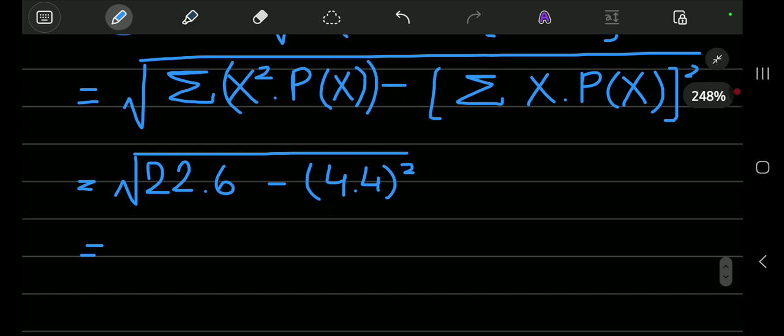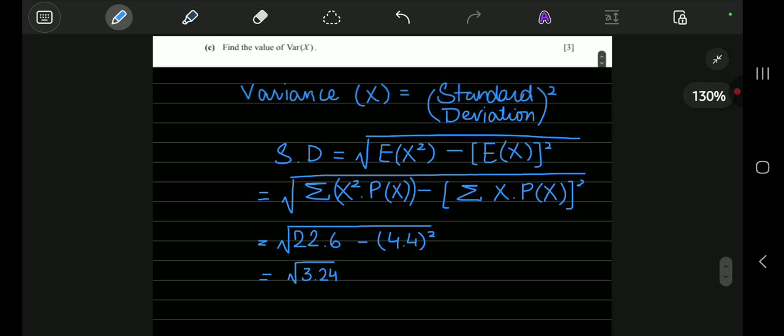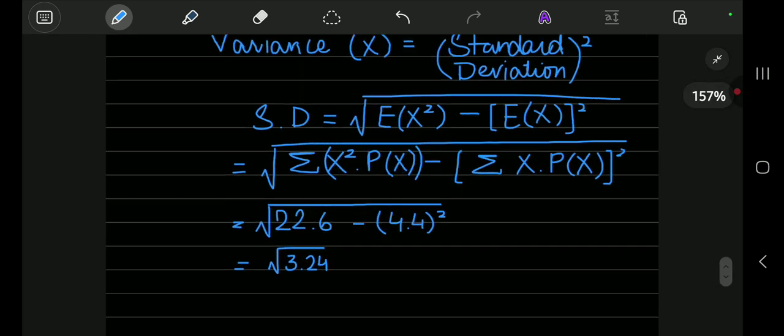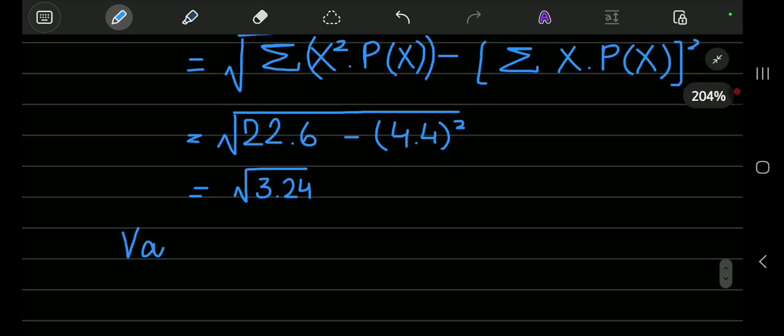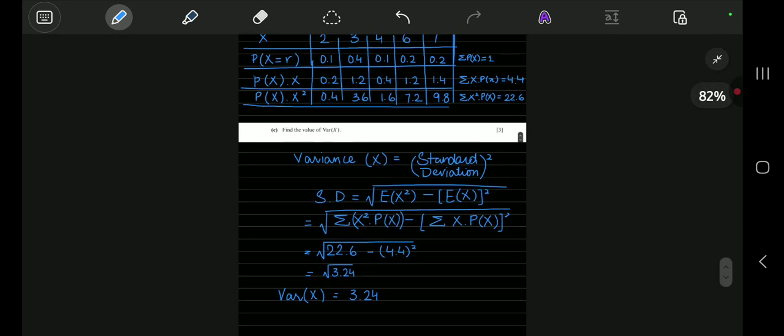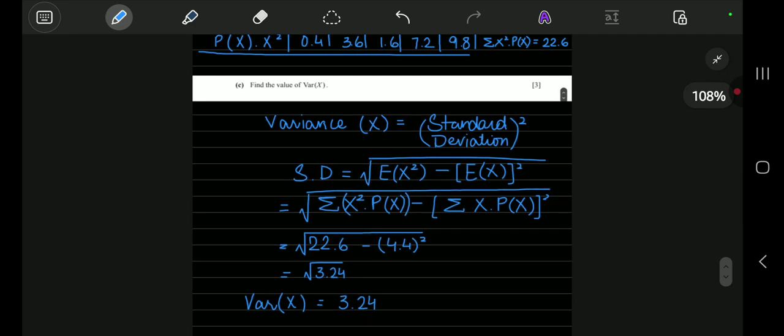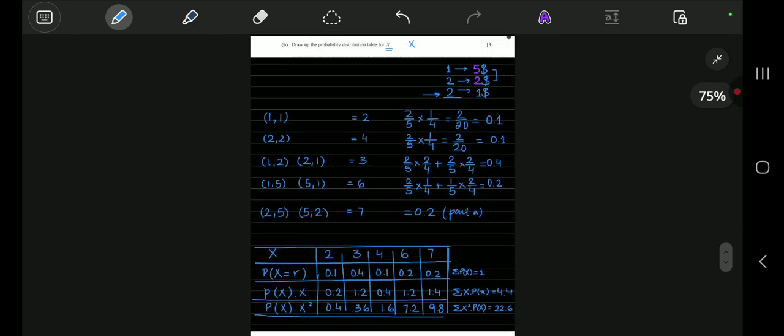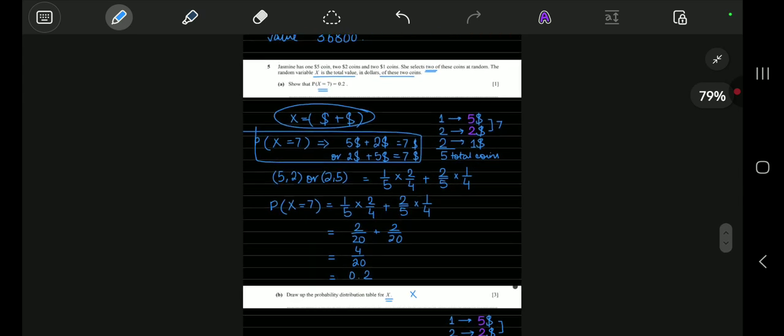So it will give you under the root 3.24. So we are not solving it further because actually we need the square of it. So the variance of x will be equal to 3.24. Okay, that's all about your question number 5.